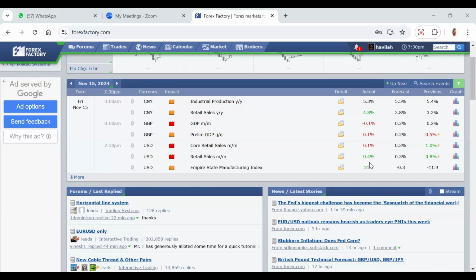The minimum amount you can fund on our platform is actually $50. Now, $10 can go if you have a cent account, which is very, very small. Otherwise, I will encourage you to push up your deposit to at least $50. Now, the higher you put in, the better. You can do 100, 200, 500, even $1,000. The bigger the capital, the bigger the profit you also make.